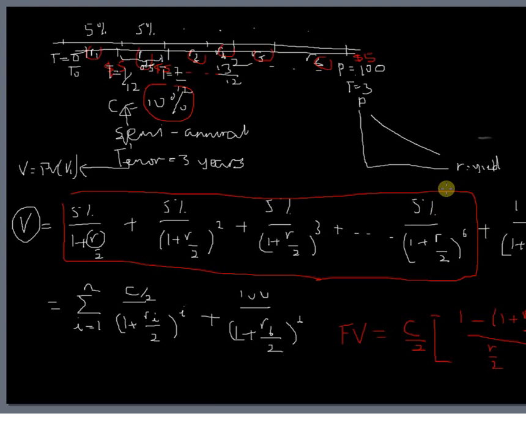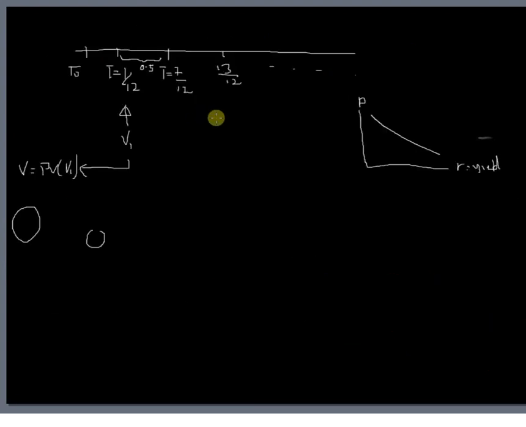Of course, in the real world, R is not the same, because we have what we call the term structure of interest rate. When we draw an interest rate curve, I think everybody should know that interest rate typically increases as the time to maturity increases.